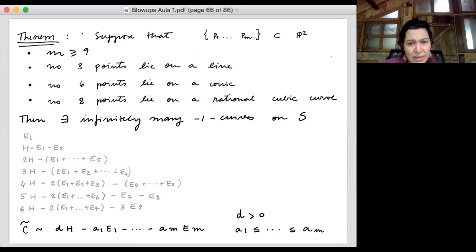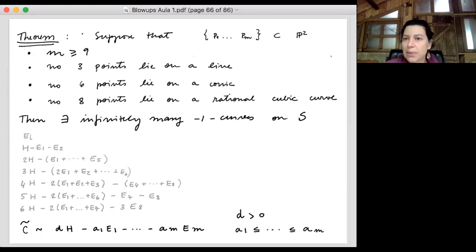And suppose that we know how to construct curves of degree at least 6, and I will order the AIs so that they are in increasing order.